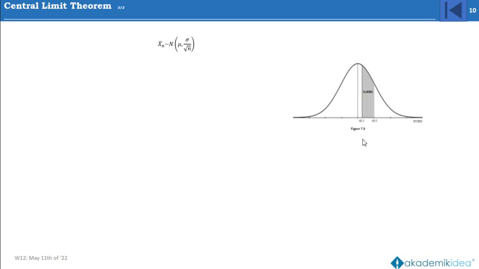To find the area, we have only to calculate the z values corresponding to 68.5 and 69.5, then look up the corresponding normal curve areas in table 1 and then take their difference.